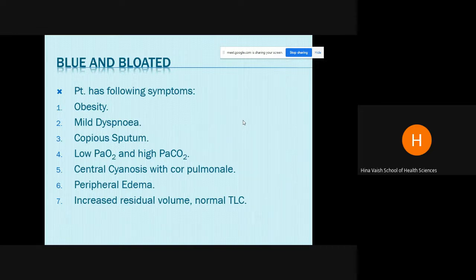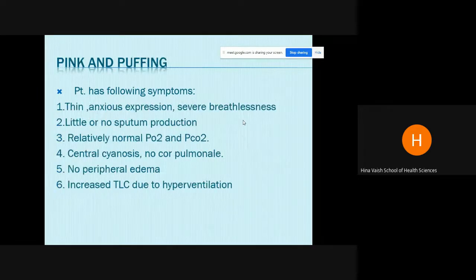So oxygen content is definitely reduced, and there is high PaCO2. Peripheral edema, because the central cyanosis is there, this may lead to cor pulmonale. So the heart is being affected, and peripheral edema is a sign which you can see. Because PaCO2 is increased, there is retention of air in the body. So residual volume will increase, but the total lung capacity will remain normal.